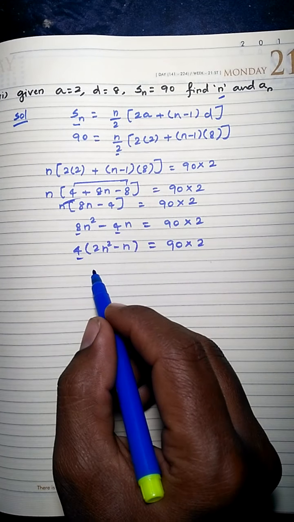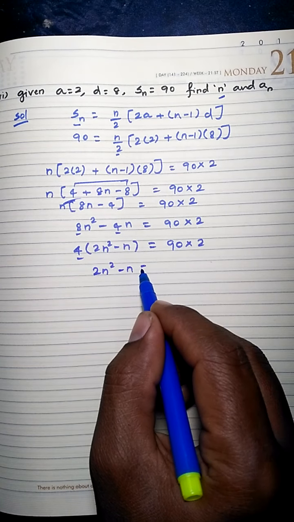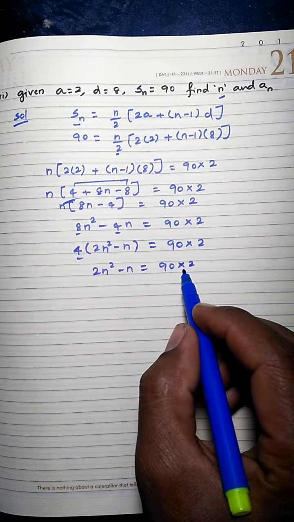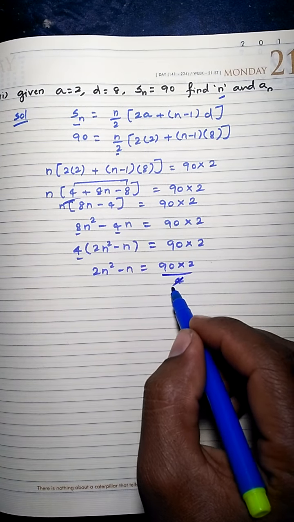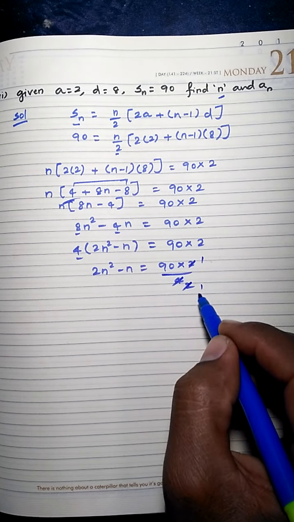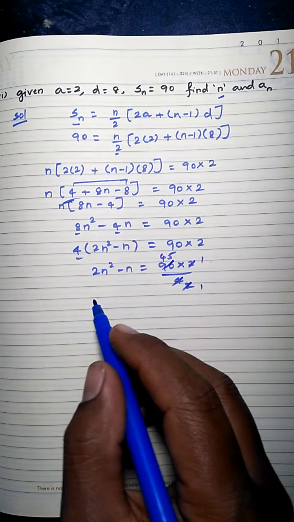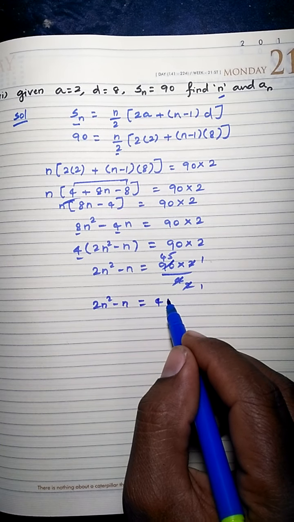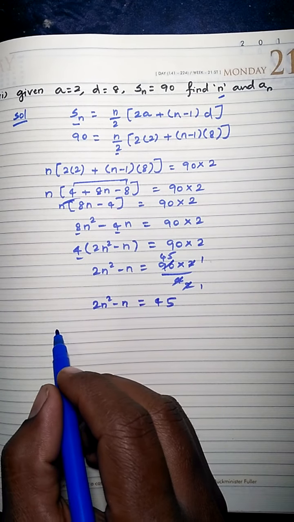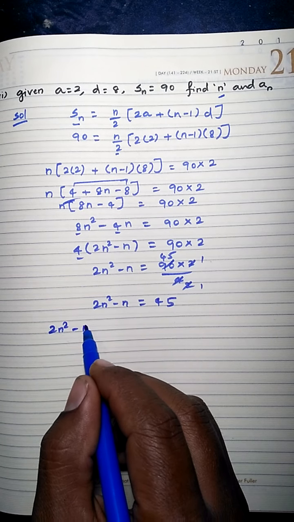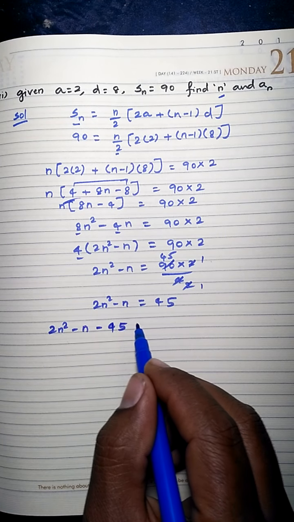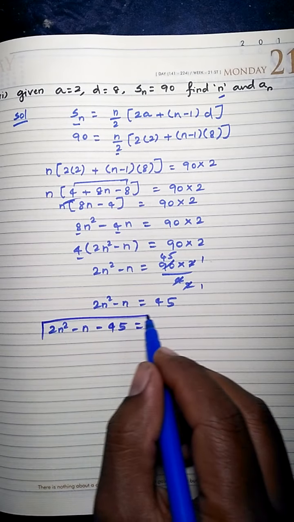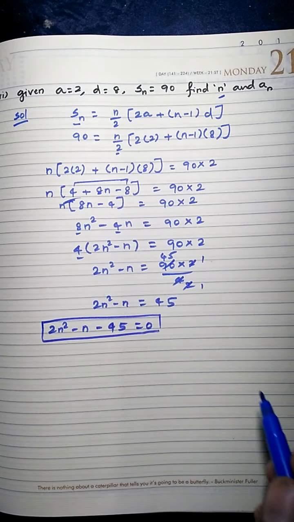Now take this opposite, then you will get 90 into 2 by 4. 2 2s are 4, 2 1s are 2, 1 2 is 2, 45 times. So 2n square minus n equal to 45. Take this opposite, then 2n square minus n minus 45 equal to 0. So you got now one quadratic equation.